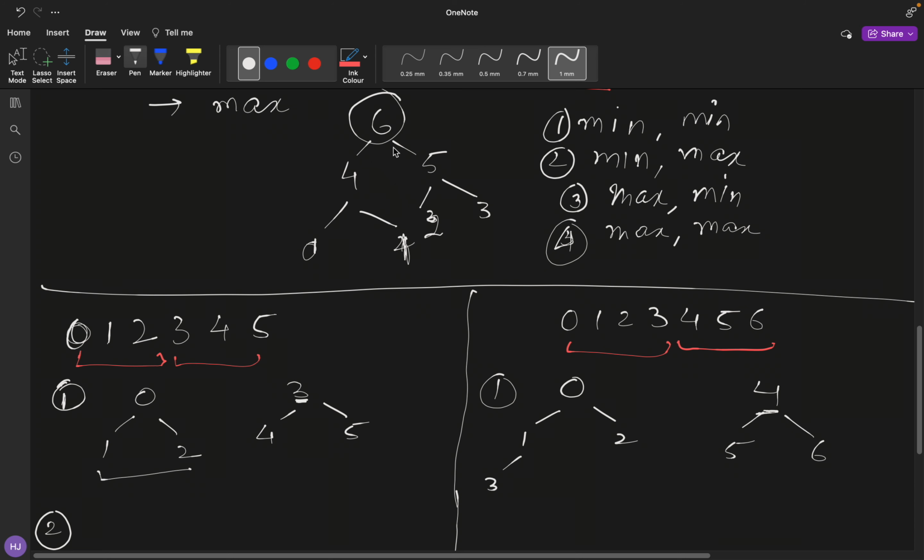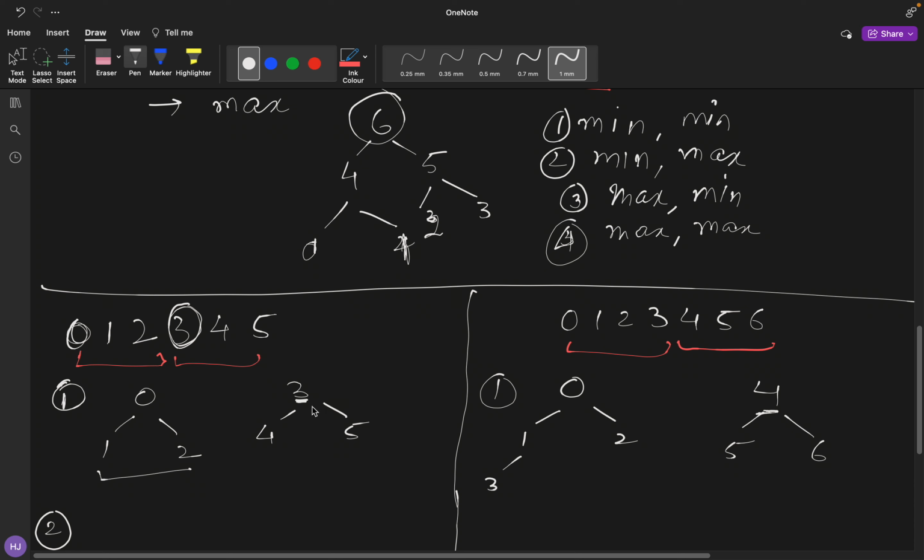Okay, because we have to fetch a value in that part which is the lowest among them and is at the middle position, right? So amongst 0, 1, 2, 3, 4, 5, 3 is the lowest value, which is at the middle position in the bunch of 3, 4, 5, right?